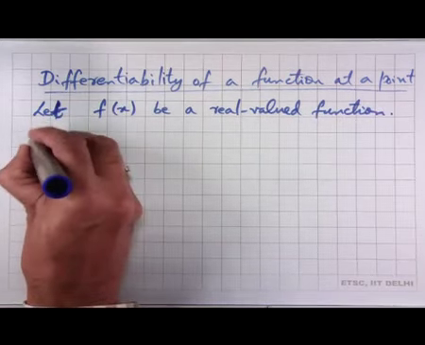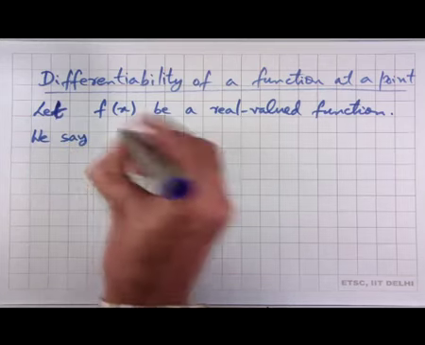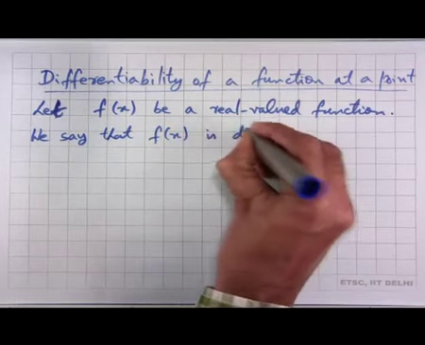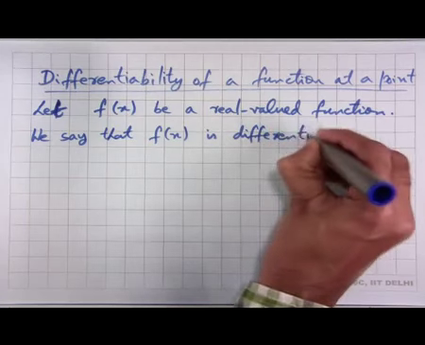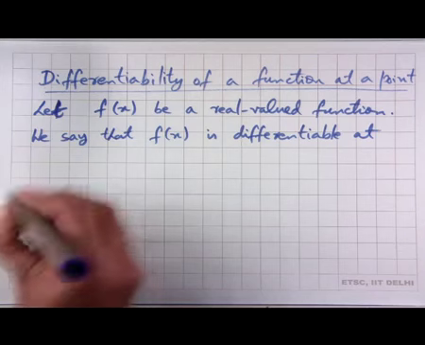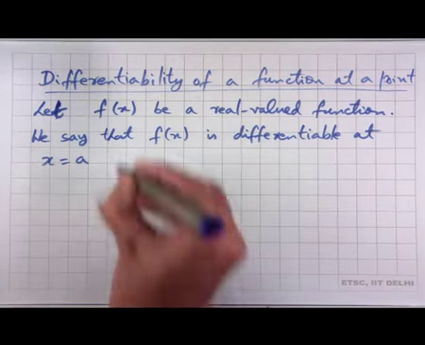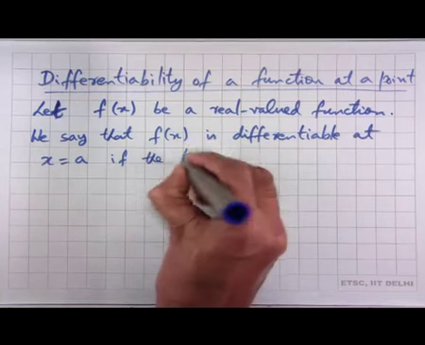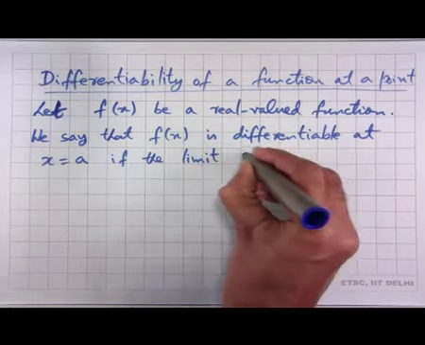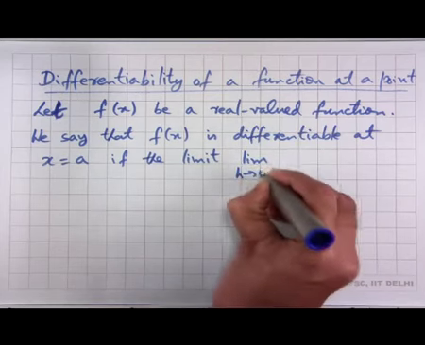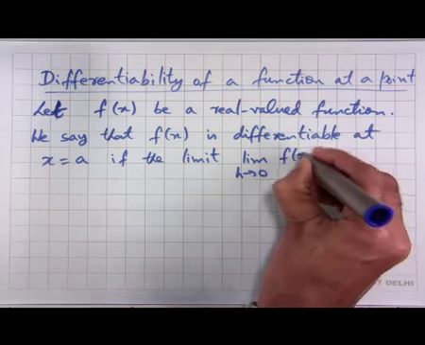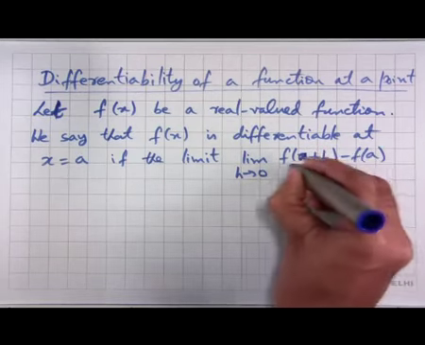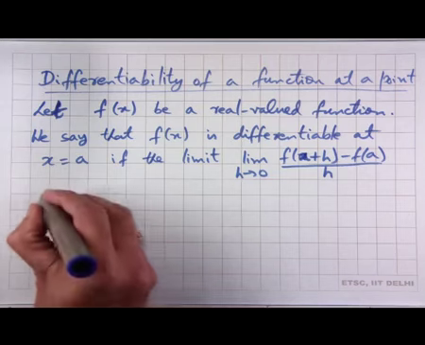Then we say that f of x is differentiable at x equal to a if the limit as h goes to 0 of f of a plus h minus f of a divided by h exists.